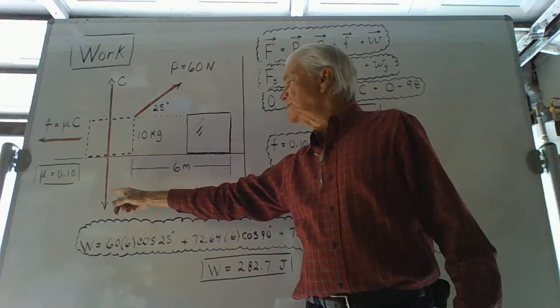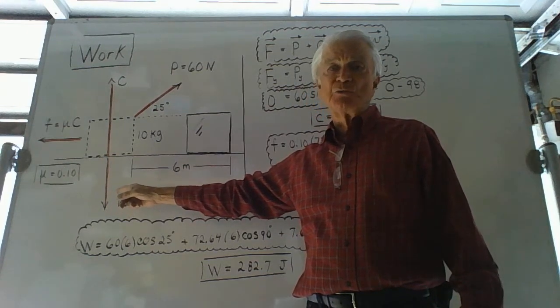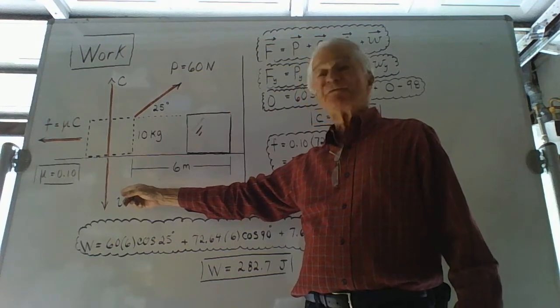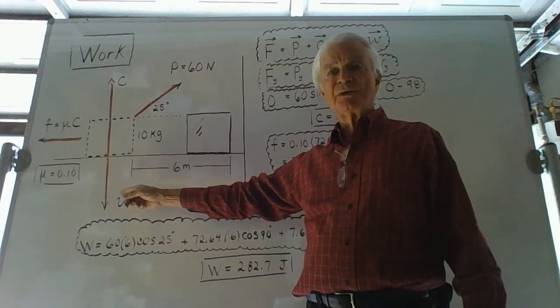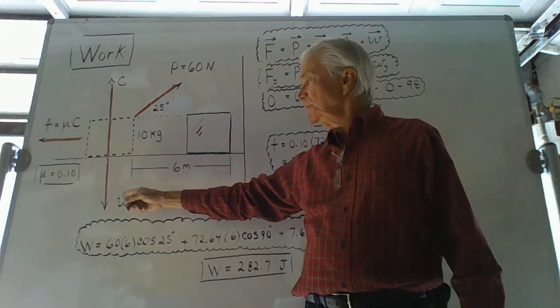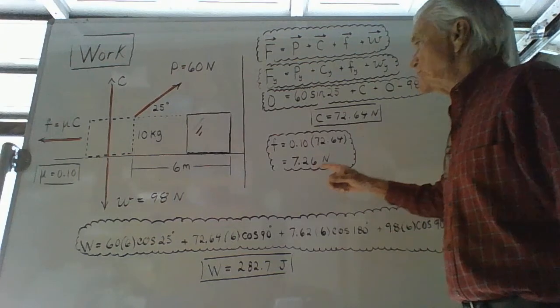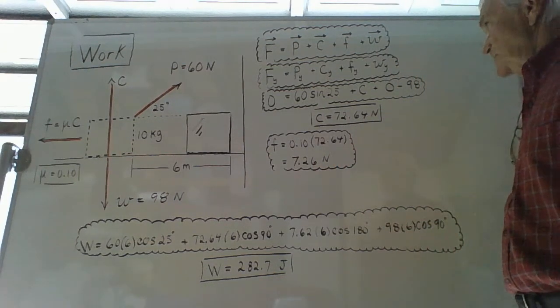And then the y component of the weight vector. Well, the weight vector points entirely along the negative y-axis. No part of it points along the x direction. The full value of W is the magnitude of the y component, but it points in a negative direction, so the y component of the W vector is negative 98 newtons.